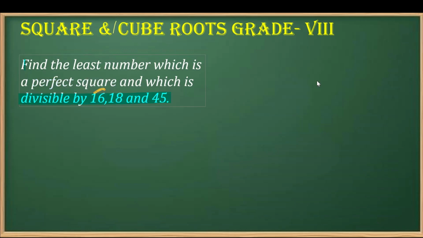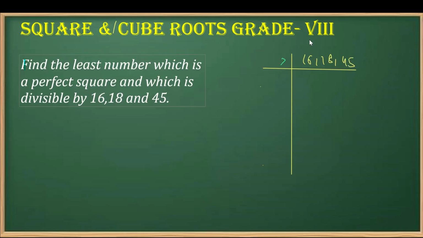Let's find out a number which is divisible by these three, 16, 18, and 45. So clearly a number which is divisible by these three numbers has to be the LCM of these. So let's find the LCM of these numbers, 16, 18, and 45.